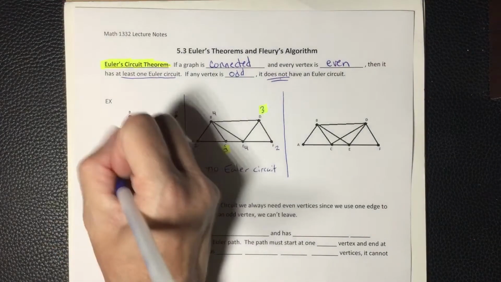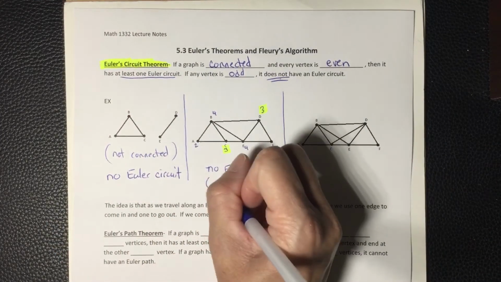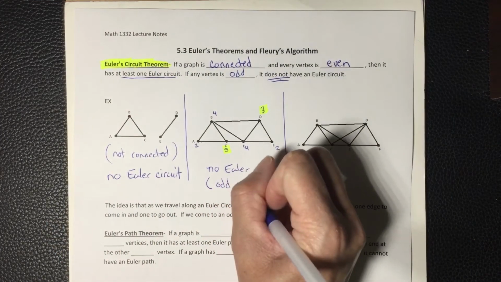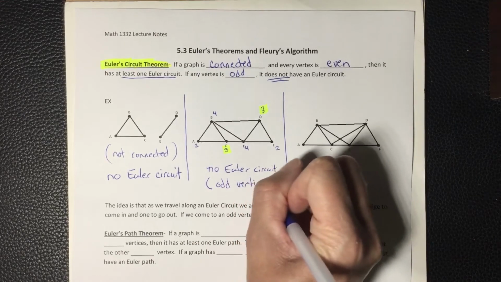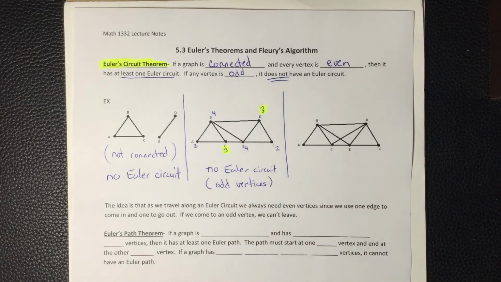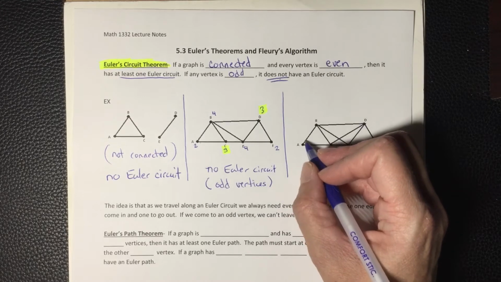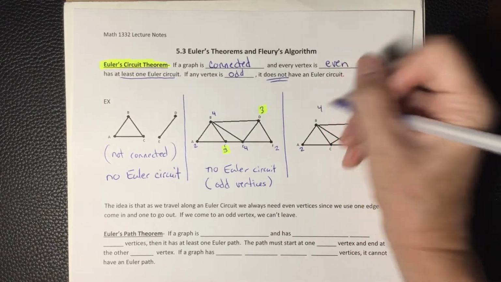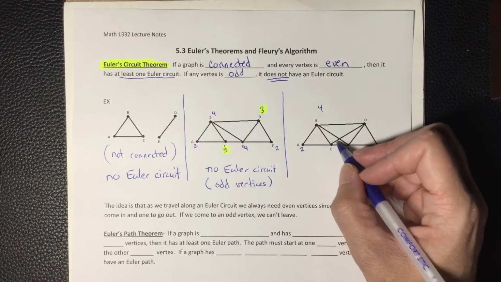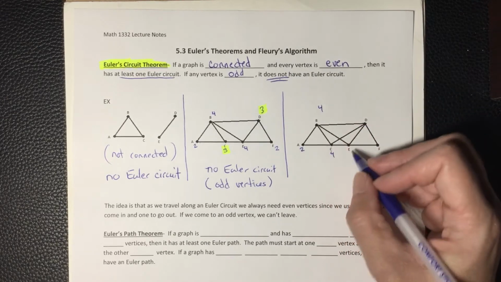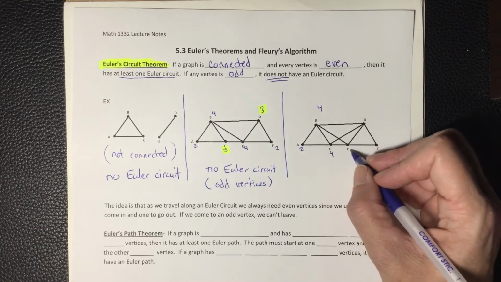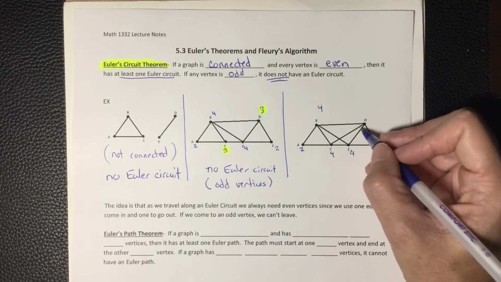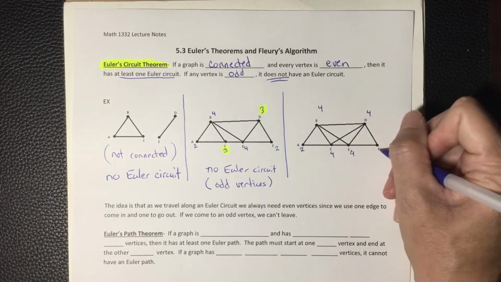So the reason for the first one was that it's not connected. The reason this time is we have odd vertices. So if we look at our last example, we're going to go through and count our lines. A has degree 2, B has 4, C has 1, 2, 3, 4, E has 1, 2, 3, 4, D has 1, 2, 3, 4, and F has 2.